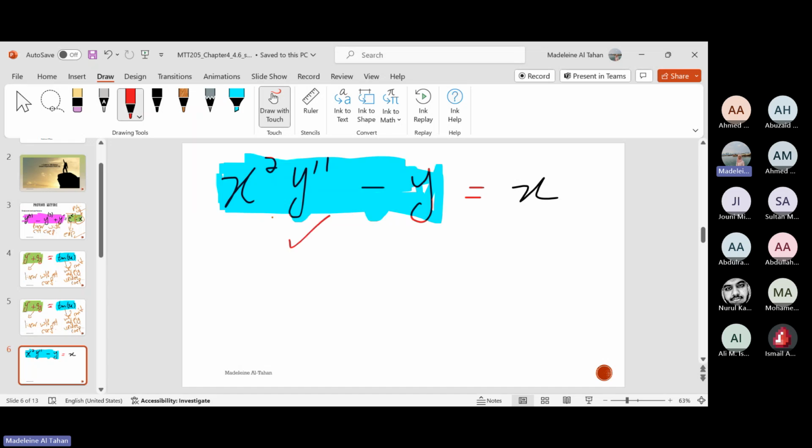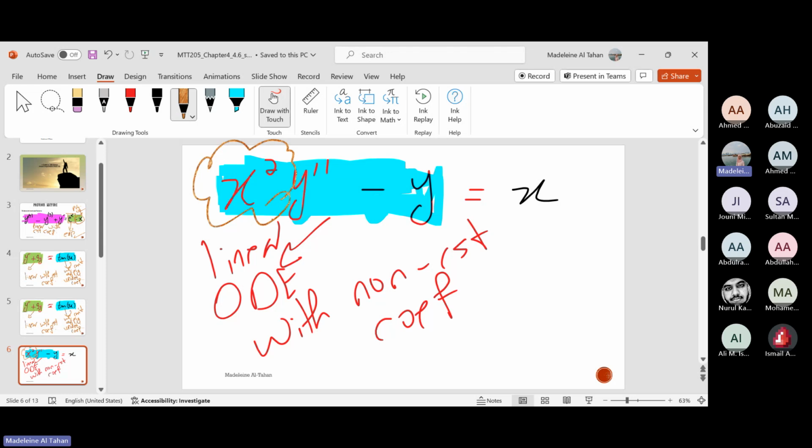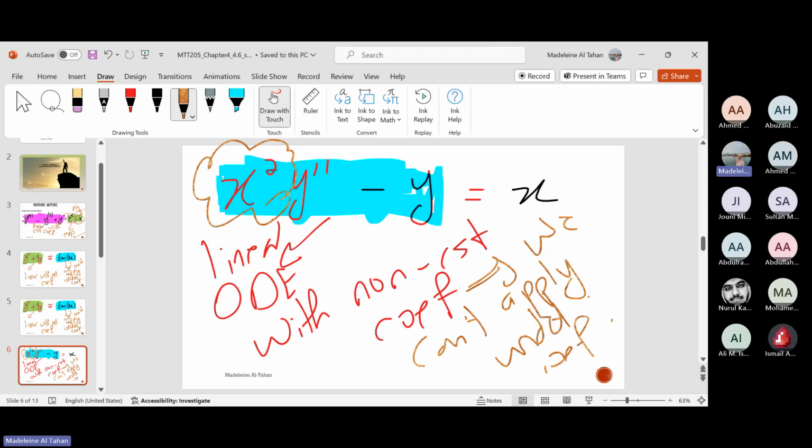So this one is a linear ODE with non-constant coefficients. How did we know non-constant coefficients? From x squared. This implies that we can't apply undetermined coefficients.